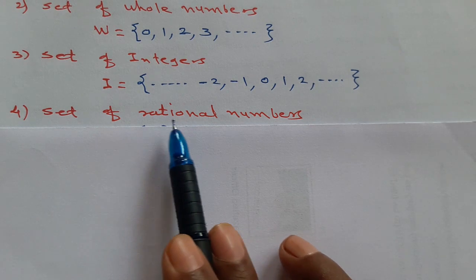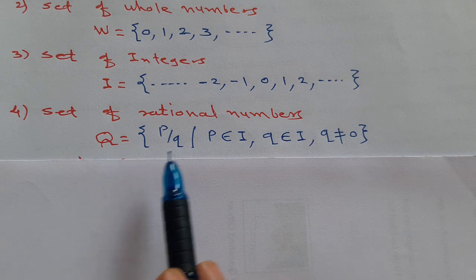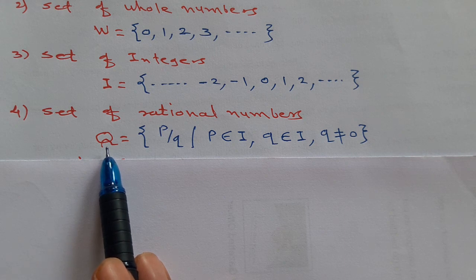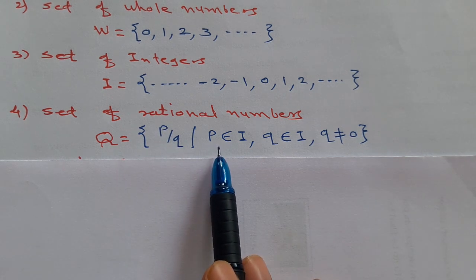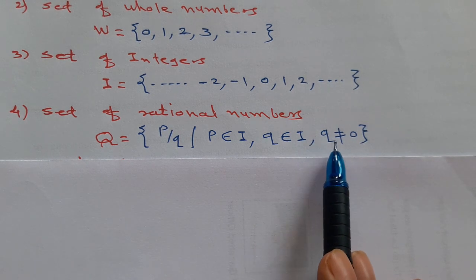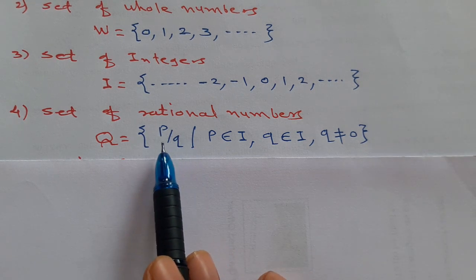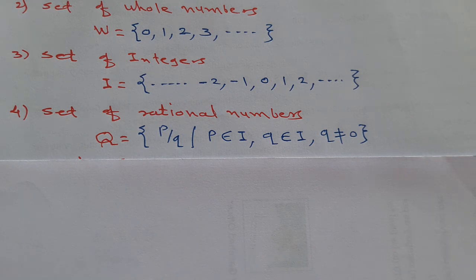Then here is another set, the set of rational numbers. The rational number set will be denoted by capital Q, in p upon q form, where p belongs to I, similarly q belongs to I, but q is not equal to 0, because q is in the denominator and we can't have q equal to 0. This set is called the rational number set.